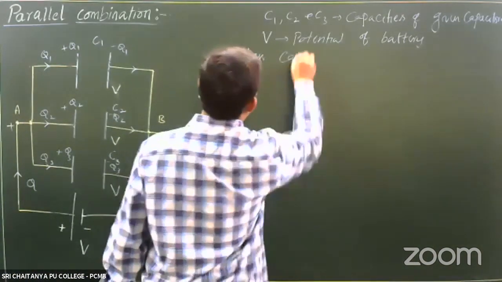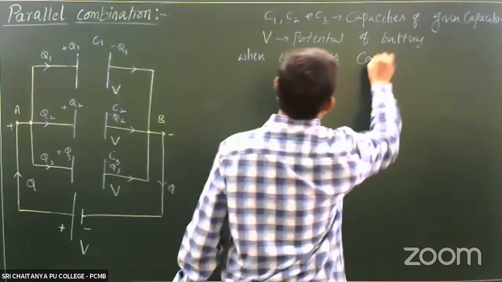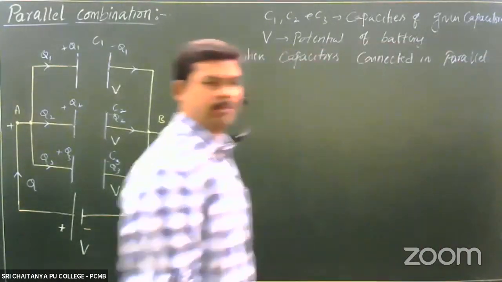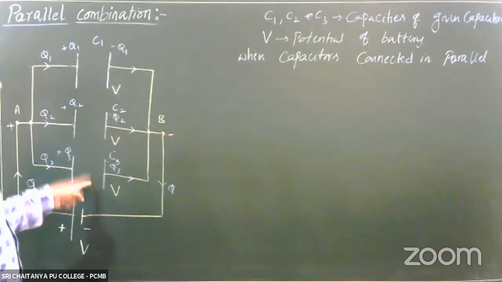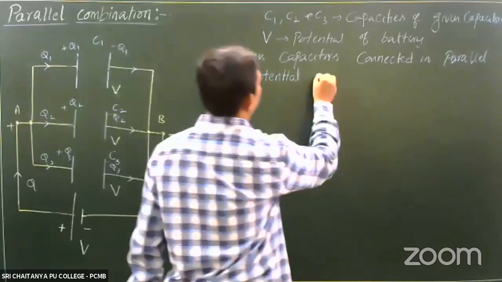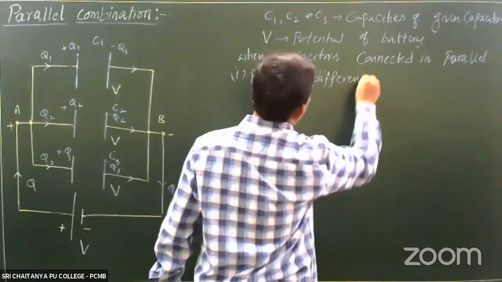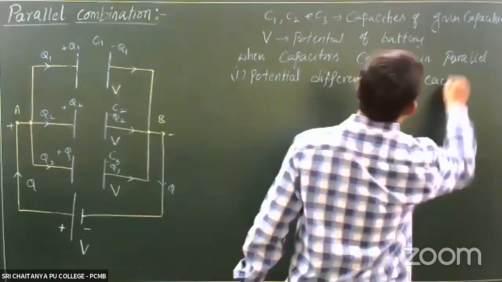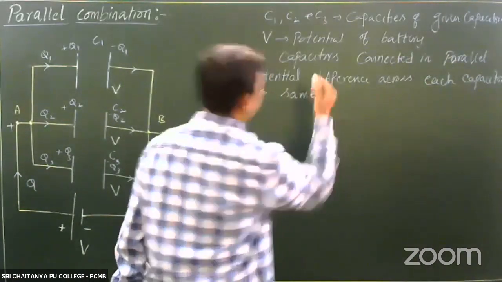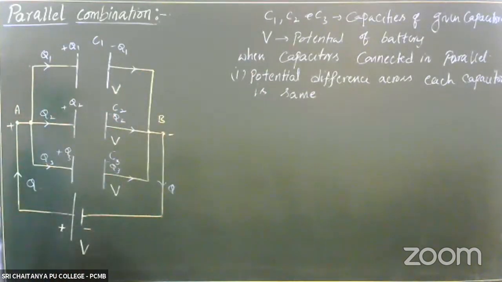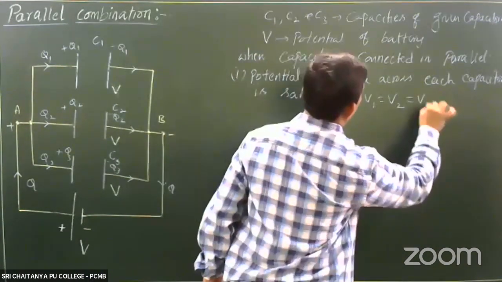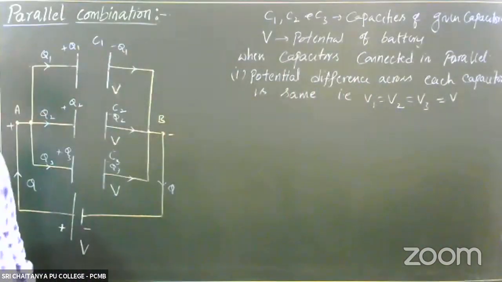When capacitors are connected in parallel, the potential difference across each capacitor is the same, V. That means V1 is equal to V2 is equal to V3 is equal to V, which is equal to the potential of the battery.